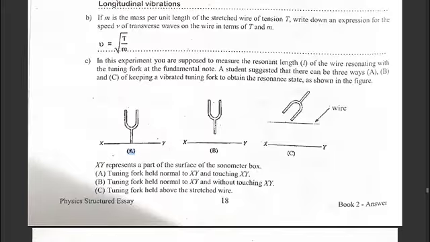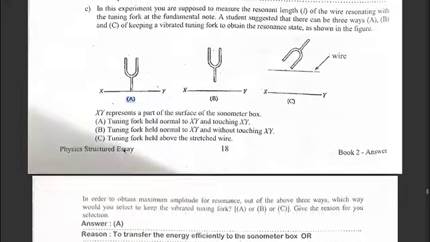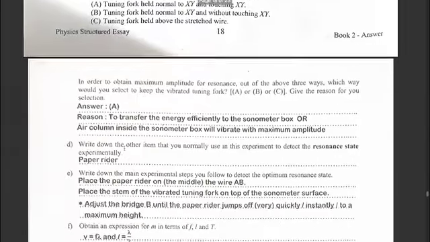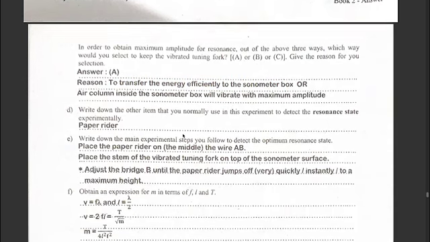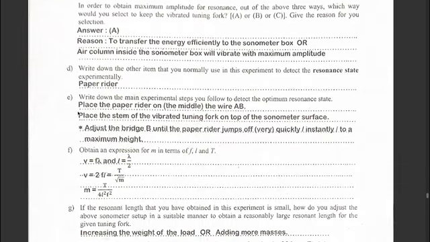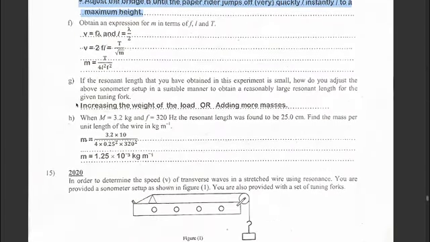No, we have to touch it, right? We have to place it on the box, so as to transfer energy efficiently. Write down another item normally used in the experiment to detect the resonance state. Wave rider, we know this, it's usual.